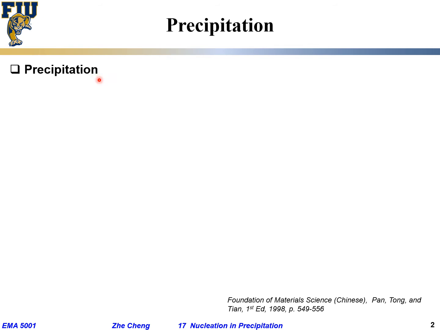Precipitation, as we mentioned, is solid transformation due to the change in solubility, typically with respect to temperature. You experience precipitation quite often as you cool the material from high temperature to low temperature, and as a result, with decrease in temperature, there's often a reduction in solubility, or the solubility decreases in the matrix phase.